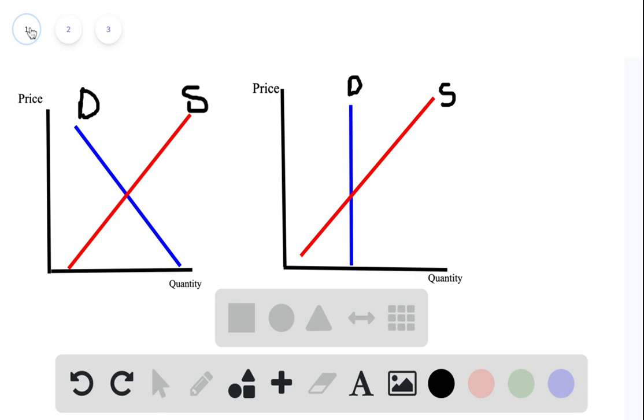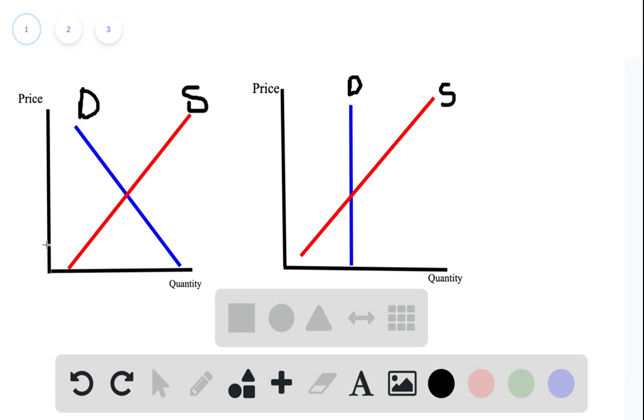So the graph on the left has a pretty regular downward sloping demand curve and upward sloping supply curve. You can see here, as prices increase, your quantity would decrease.